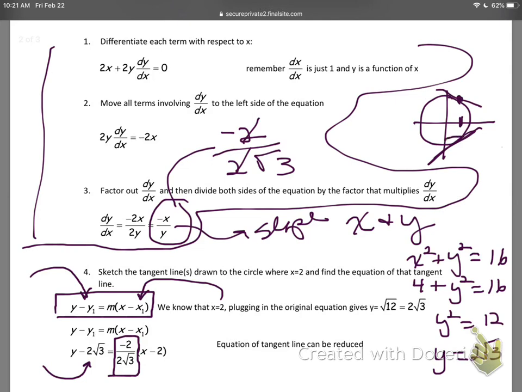Will the slope be different? Oh yes. How will they differ? So let me write it right here, and we'll figure out what the difference is going to be. I have the same x, so far I still have x minus 2. What about my slope? My slope will still be negative x over y.